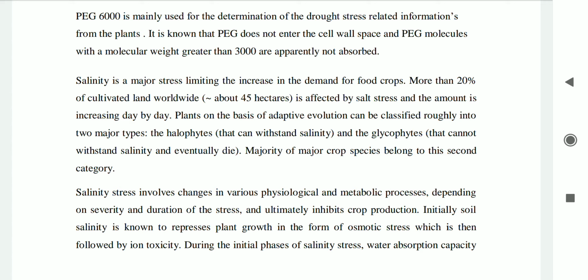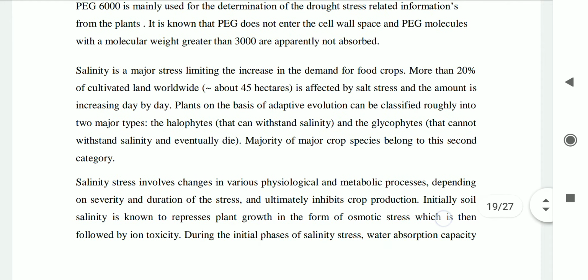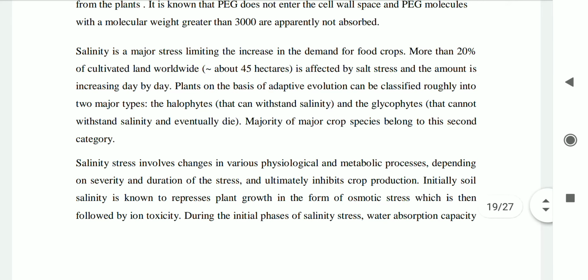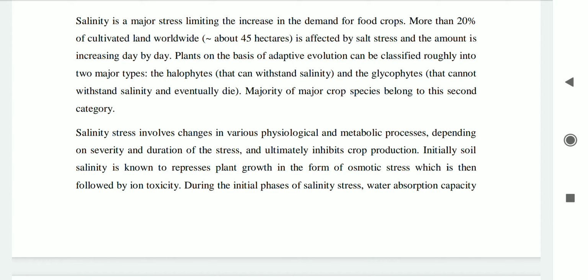There are two types of plants based on their adaptivity to highly saline conditions. First is halophytes, which can withstand the salinity, and the other are glycophytes, which cannot withstand salinity and die. The majority of the food crops and other crops belong to the glycophytes, that is, they will not be able to withstand salinity and eventually die.